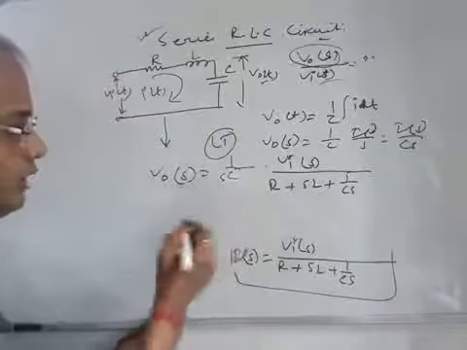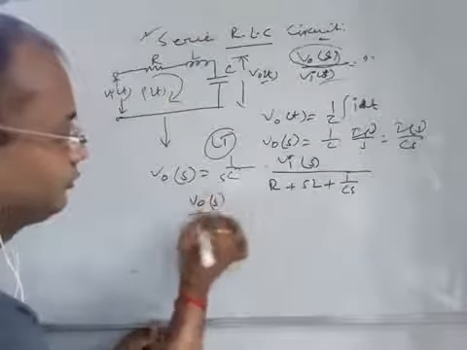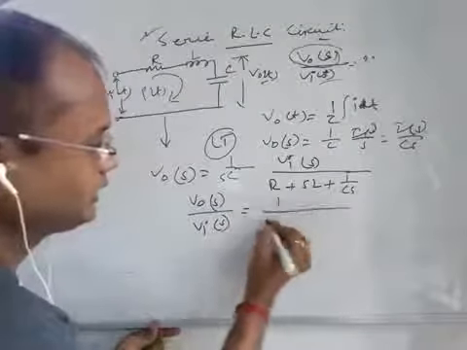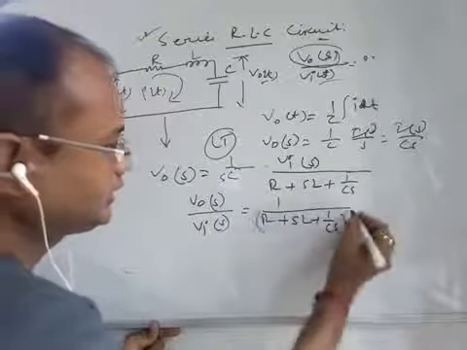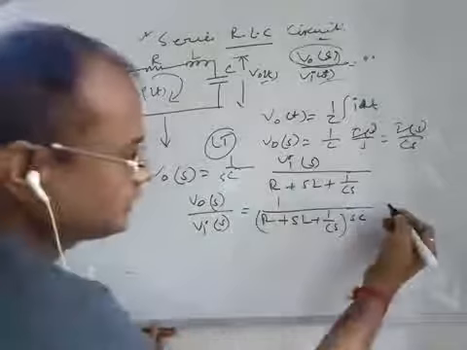So from that what we get? You get V0(s) by Vi(s) is equal to 1 by R plus sL plus 1 by Cs, into C, right?